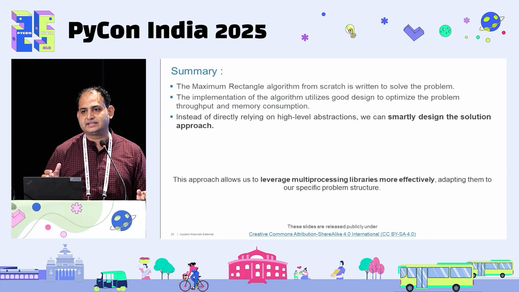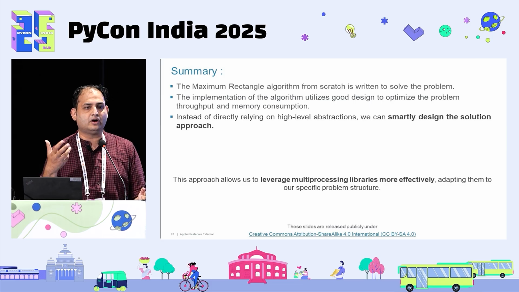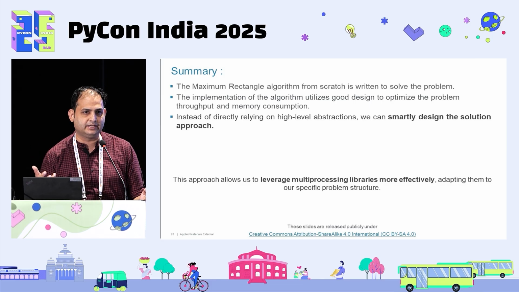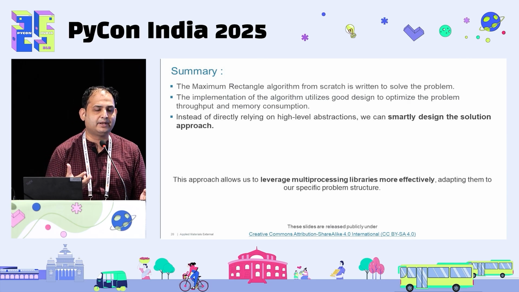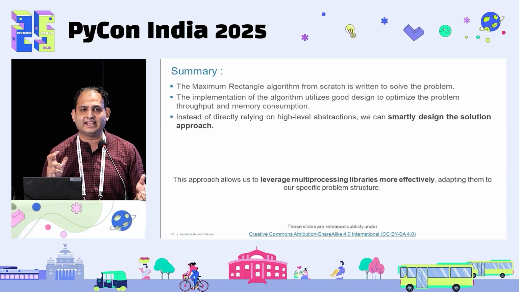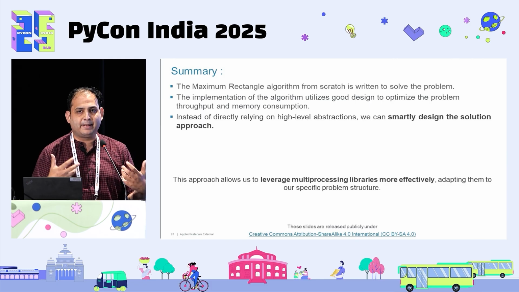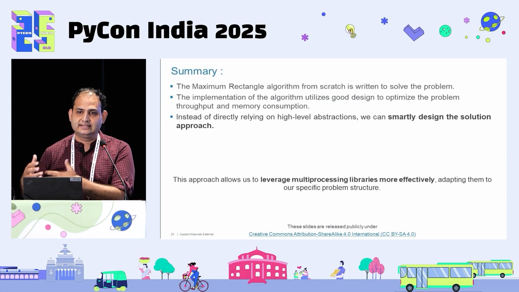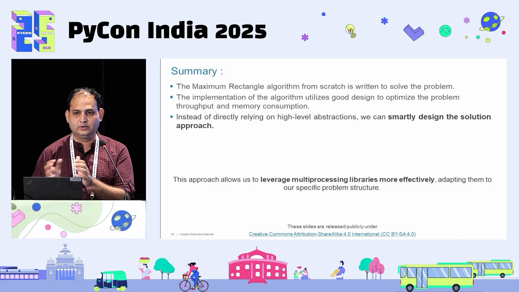Sometimes, if I have an optimization problem, I search for a library. Instead of searching for a library, let's try to redefine our problem in such a way that I can better utilize the underlying libraries, the underlying hardware. This is my key takeaway from this whole talk.